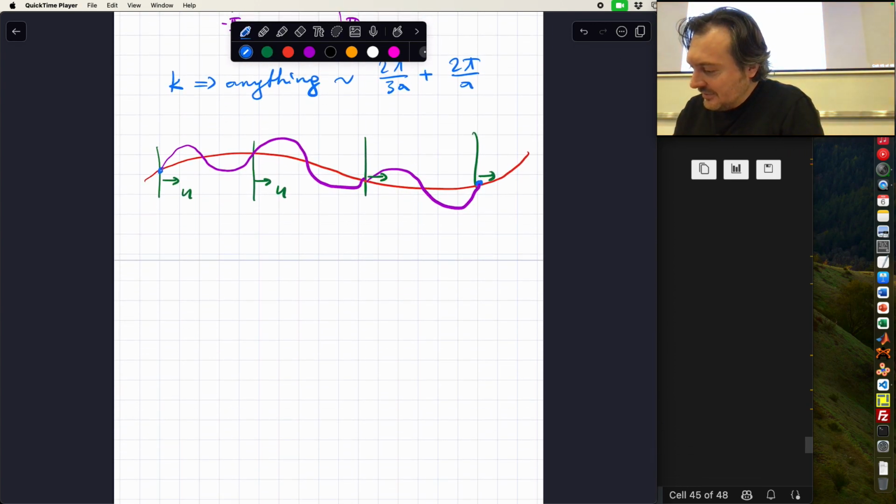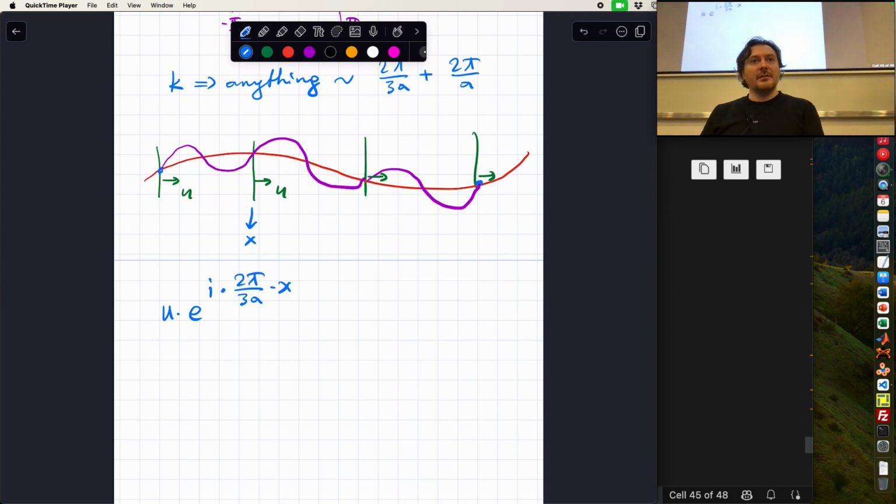Let's say this point is x. Then you have u times e to the i times 2 pi over 3a times x. Look what happens when I add 2 pi over a.